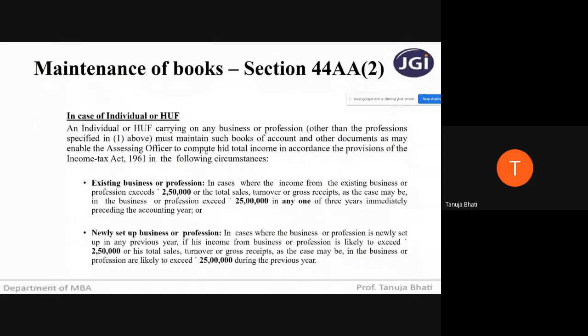So apart from that, he is required to maintain books of accounts only when income exceeds 2,50,000 or turnover exceeds 25 lakhs in the 3 years immediately preceding the financial year.